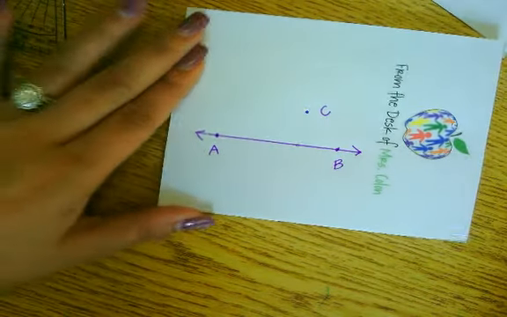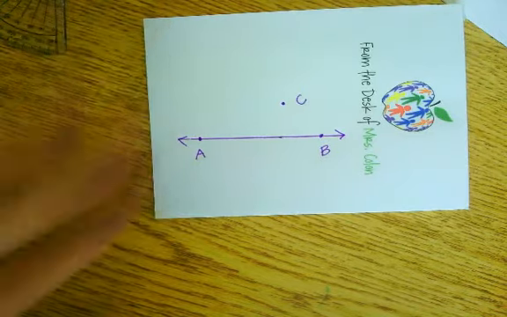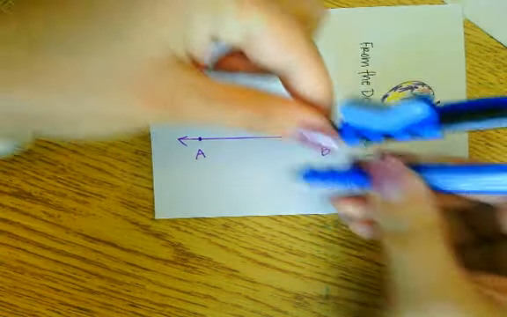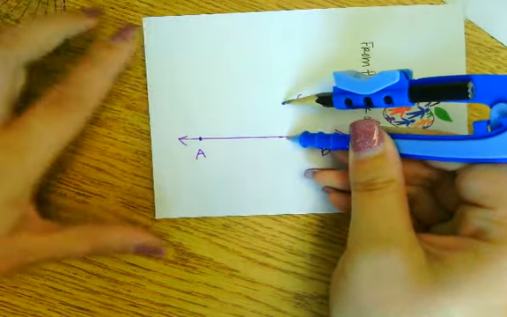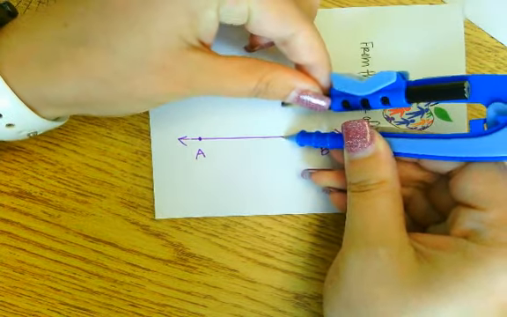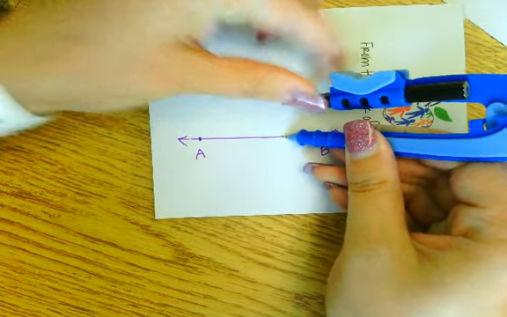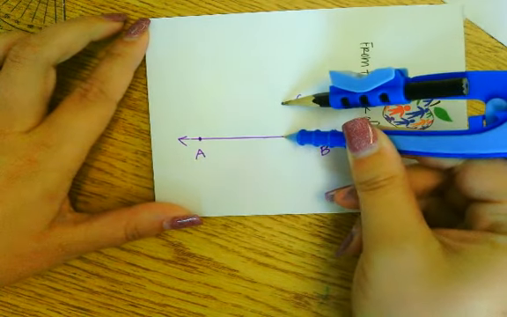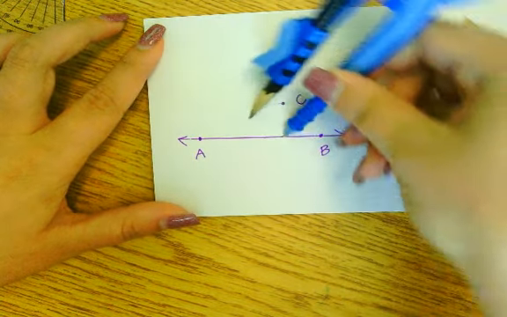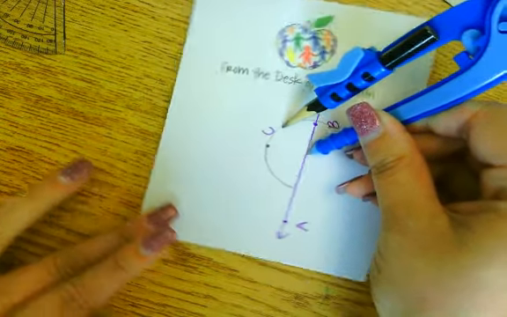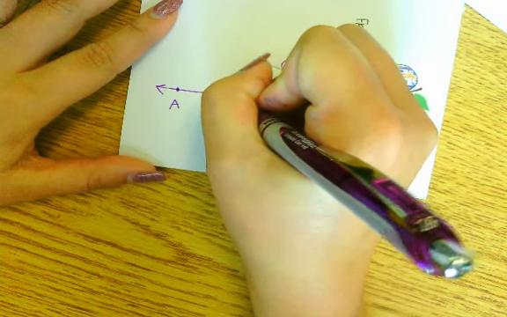Okay. So start with creating a radius from your point off the line to your segment. And draw an arc. Label those two points of intersection.